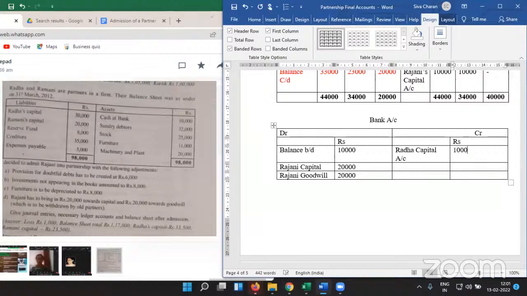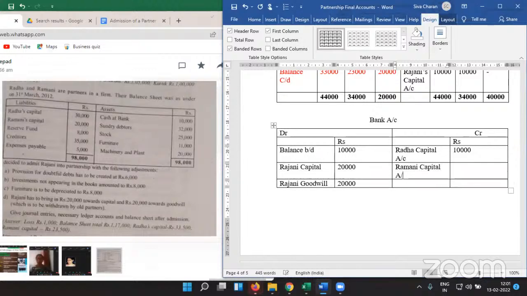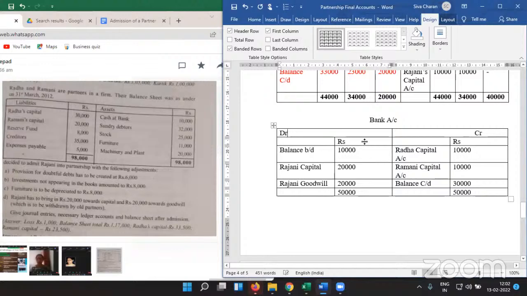Radha withdrew 10,000, and Ramani withdrew 10,000. So the final bank balance is how much at the end? It's 30,000. Okay, bank balance is 30,000.